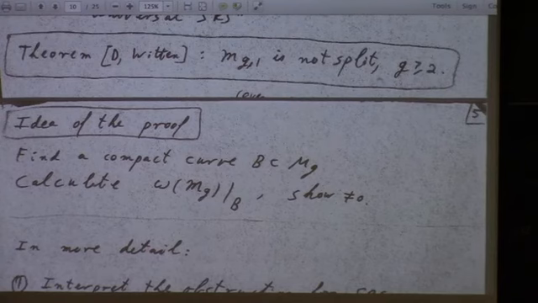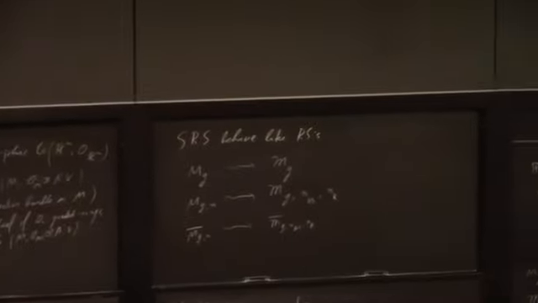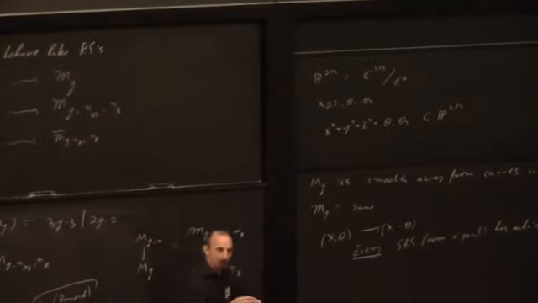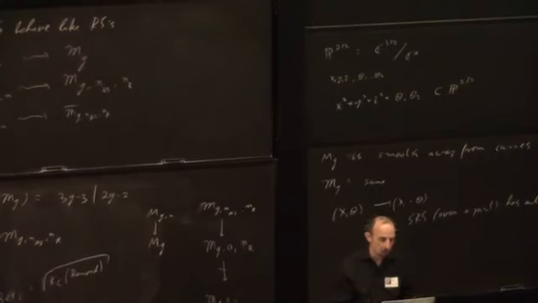we actually prove the statement about M_{g,1} first, and then we use that to prove the statement about M_g. So, I already told you that one way to show that the supermanifold is not split is to find something sitting inside it that's not split. But then you need this extra condition that the normal sequence decomposes.